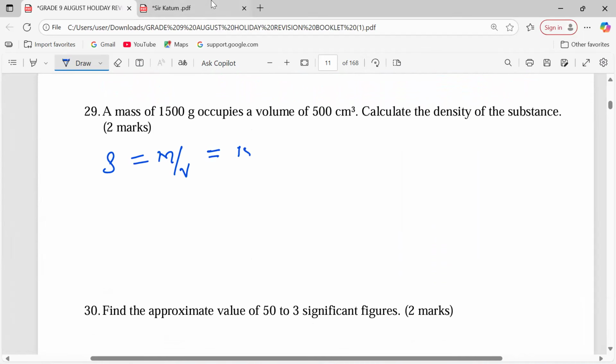So if we have 1500 in 500, then how much do we have in every cubic centimeter? This is going to be 3 grams per cubic centimeter.